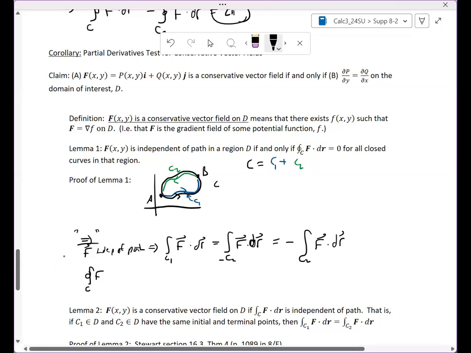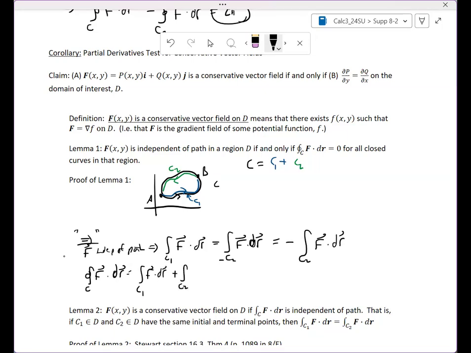Integral over C of F dot dr is just the integral over C1 of F dot dr plus the integral over C2 of F dot dr. Here C2 doesn't have a negative when I put it in here. But the integral over C1 plus the integral over C2 equals 0.